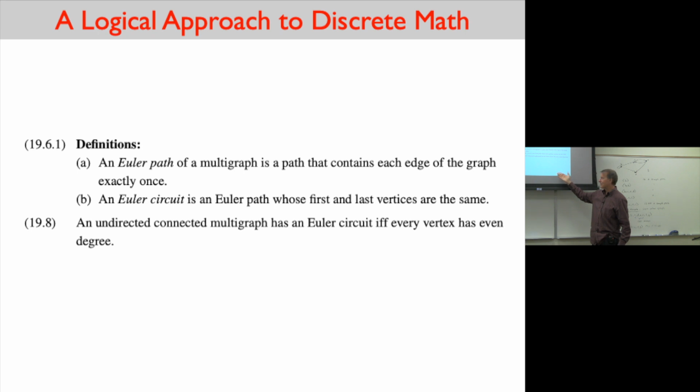An undirected, connected multigraph has an Euler circuit if and only if every vertex has even degree. What does IFF mean? If and only if. So if every vertex has even degree, then it has an Euler circuit, and if it has an Euler circuit, then every vertex has even degree.